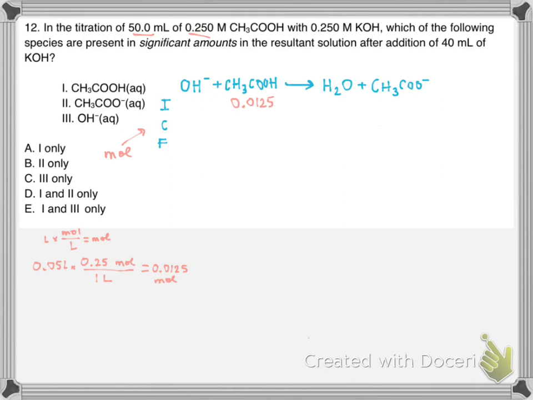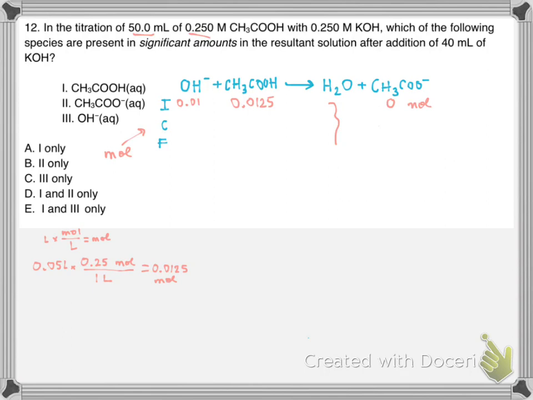Then we can do the same process for the KOH, and we're going to add 40 mL of that, which means we have 0.01 moles of the hydroxide. We're going to ignore the water, and they didn't tell us anything about starting with acetate, so we're going to put 0 moles there.